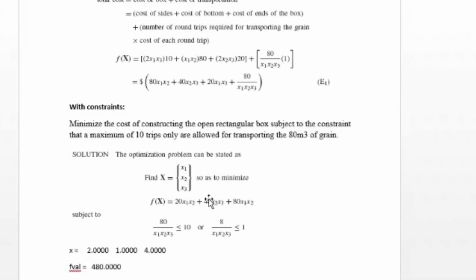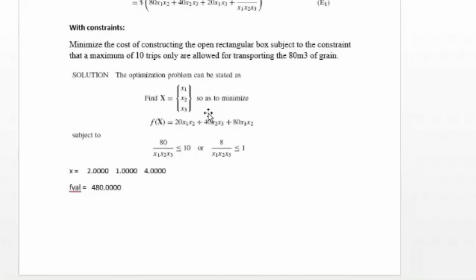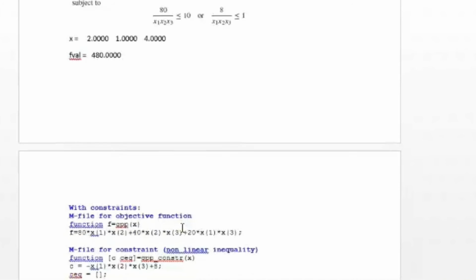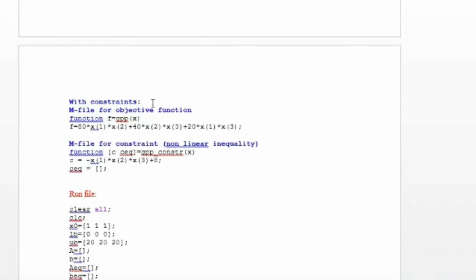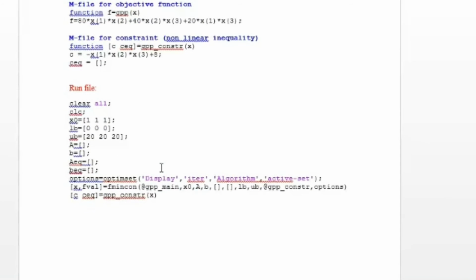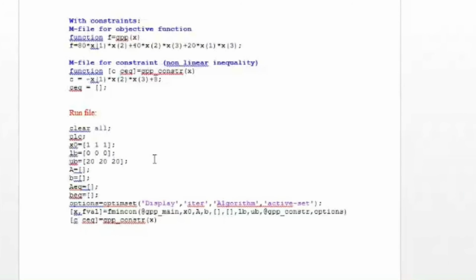The objective function is the cost of the box, whereas the constraint is the number of trips, right? For this problem, we develop the M file for the objective function, and the M file for nonlinear constraints, nonlinear inequality and nonlinear equality constraints, and then we have to develop the run file, right?